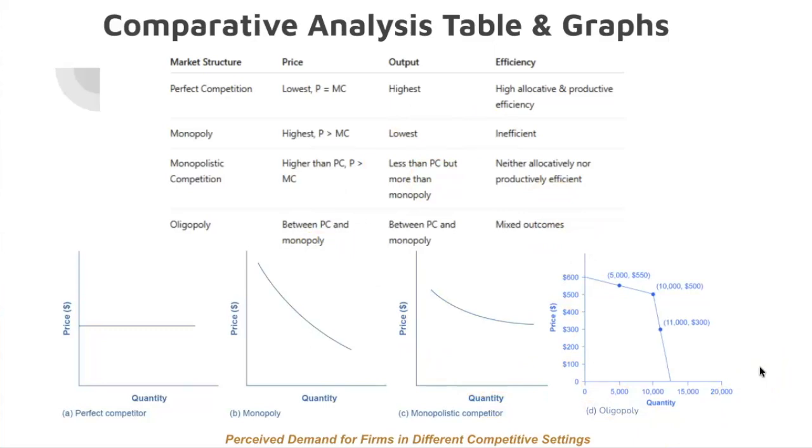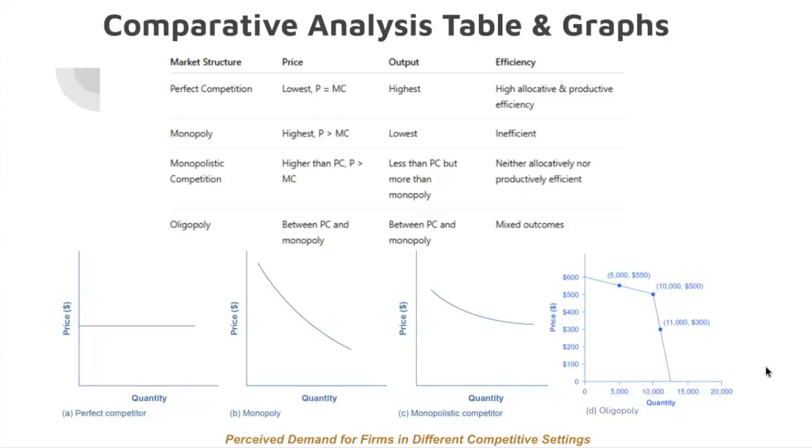Finally, oligopoly produces mixed outcomes depending on firm behavior. Price and output fall somewhere in between perfect competition and monopoly. When oligopolies collude, outcomes resemble monopoly. When they compete, outcomes approach perfect competition.